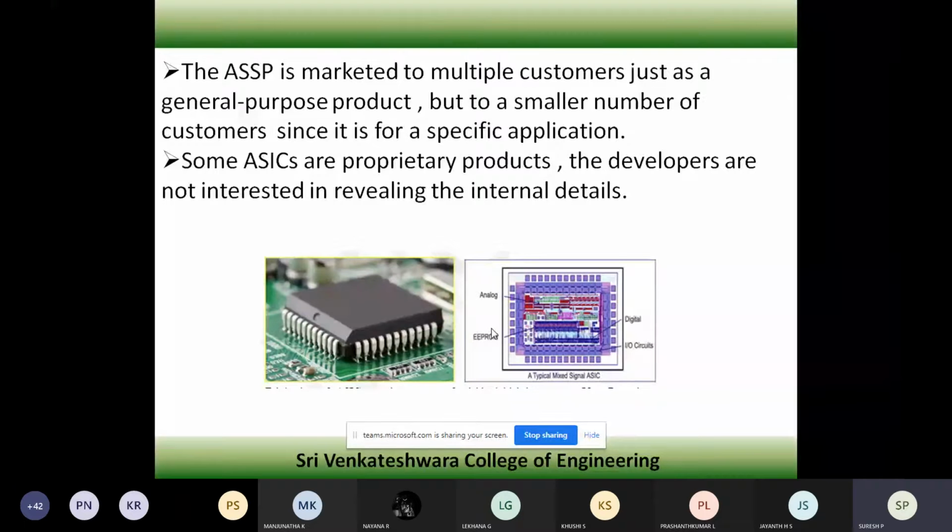It is not mandatory that you make use of the EEPROM only. They use EEPROM if you want to modify the applications in the future. If I go with one-time programmable read-only memory, I have to buy a new ROM, build again, and port the application into that hardware again.